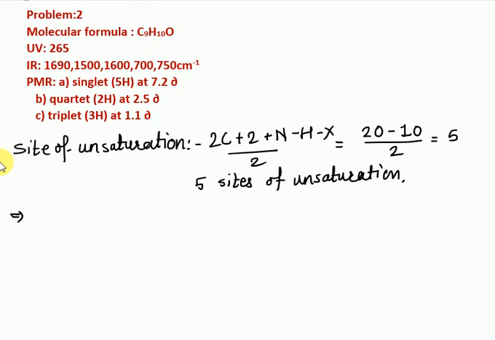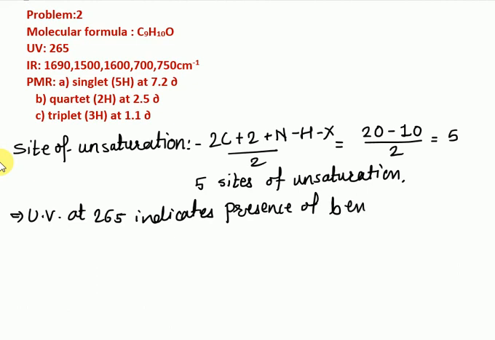Second step, let's observe the IR stretching frequencies. Before that, the UV at 265 indicates the presence of a benzene ring, and the IR values and the PMR data also match the benzene ring.